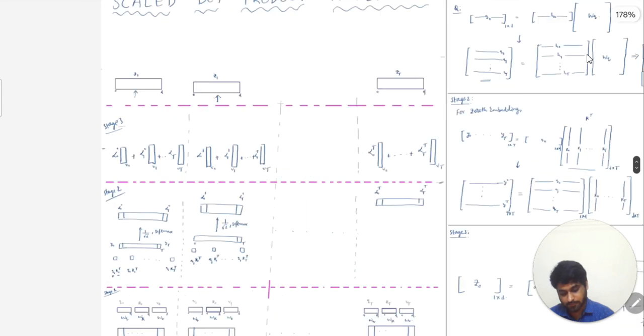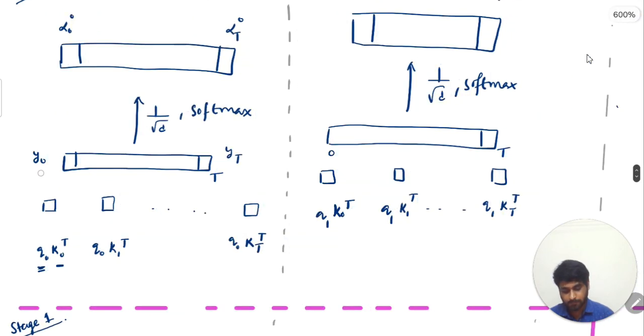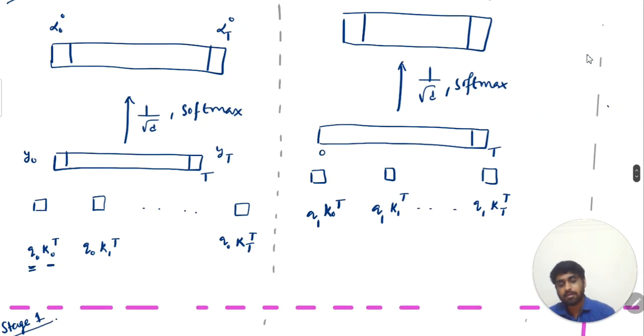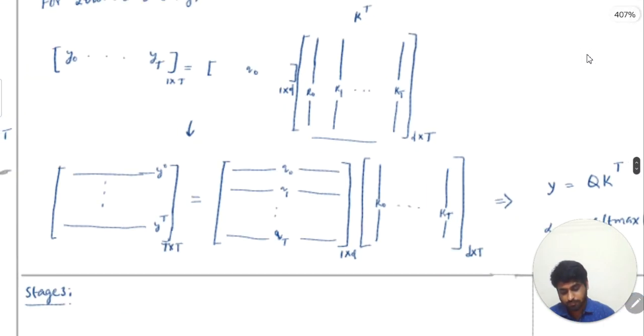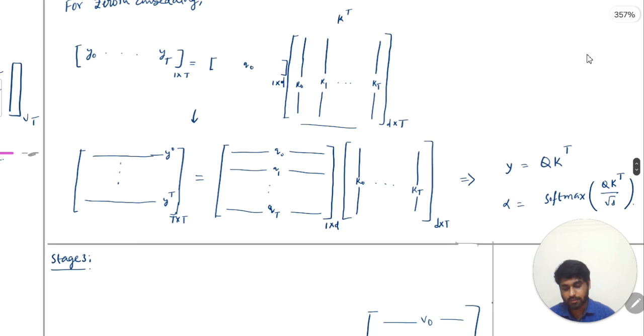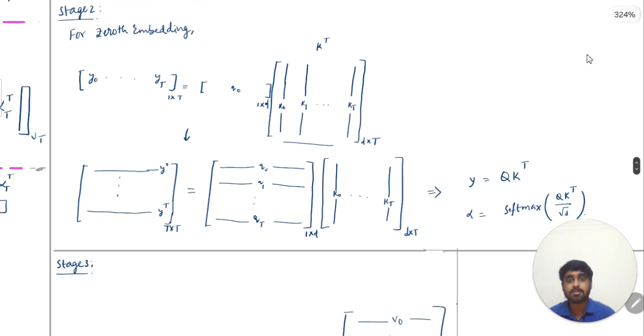Y0 is the vector that is before softmax. Y0 to Yt for the 0th embedding. Similarly, we can extend it to all the embeddings, just by stacking vertically all the input queries. So we write Q0, Q1 up to Qt.